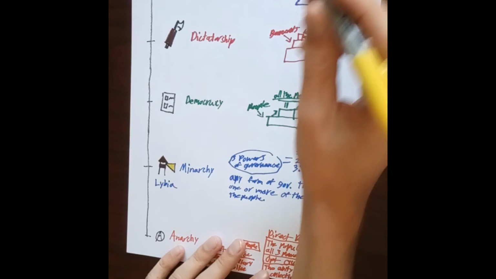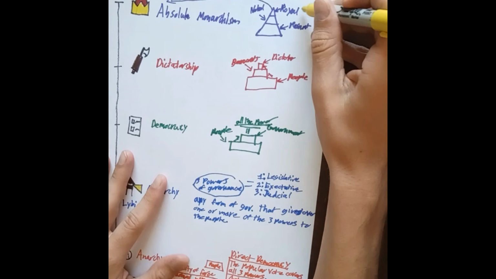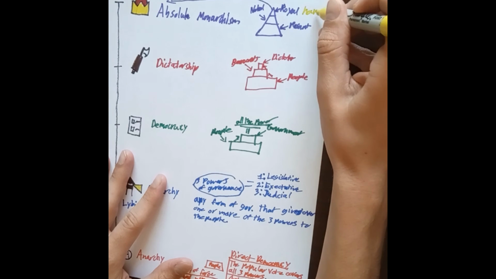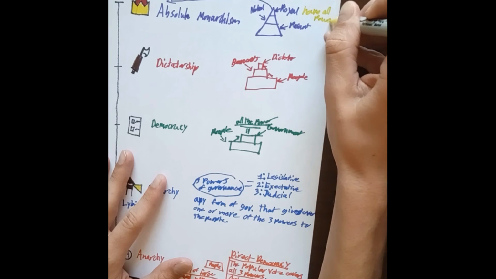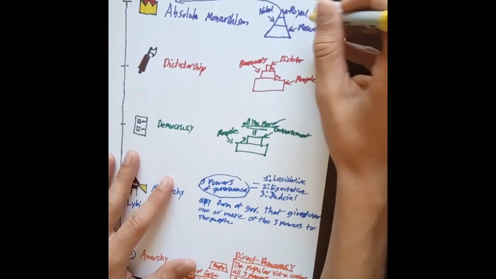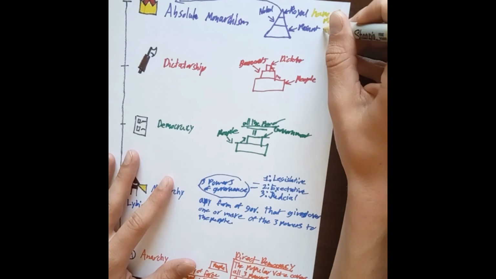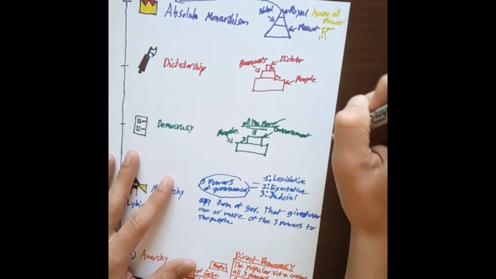So, absolute monarchism means the royals have all power. All right? Royals have all power, and it trickles down. Trickles down like a sifter, all right? Draw a little sifter here.